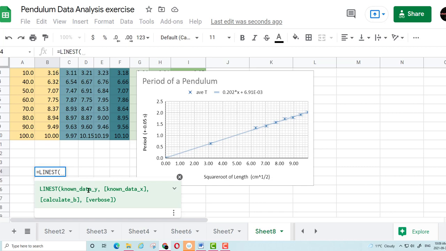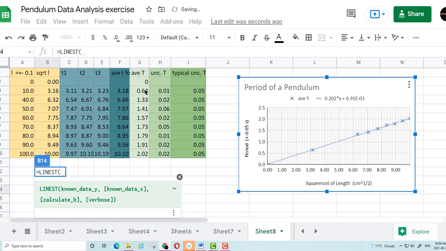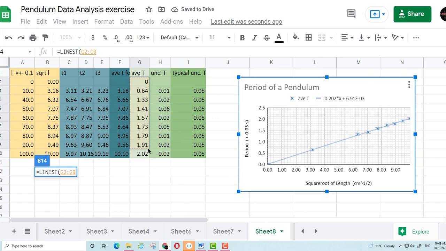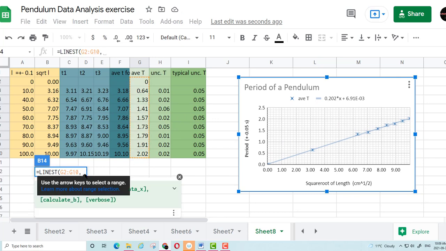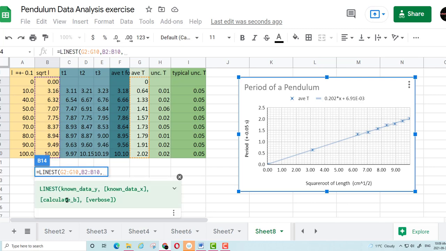Put your y values first. So my y values were these average periods right there, comma, put your x values in, which were these square roots, just highlighting those cells.